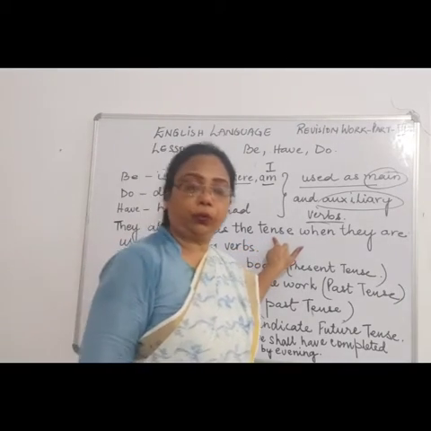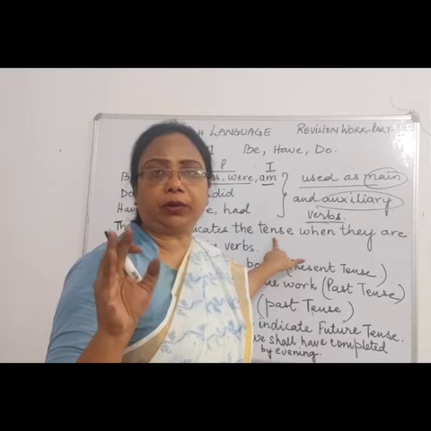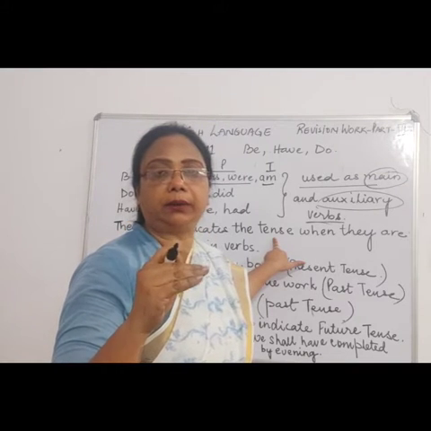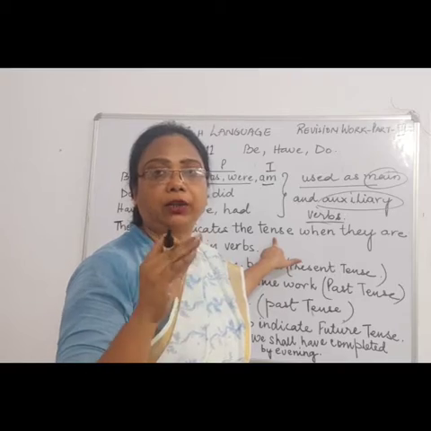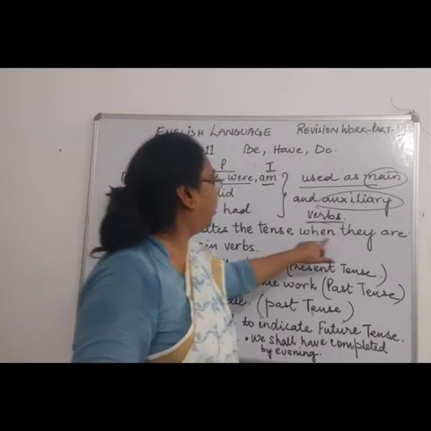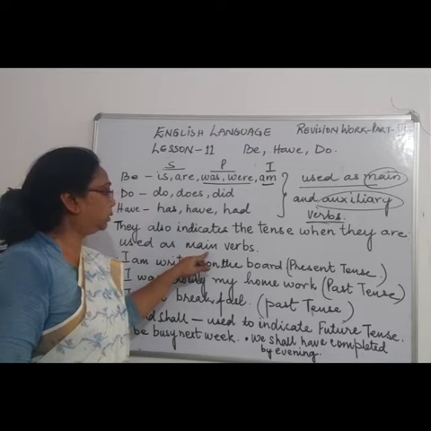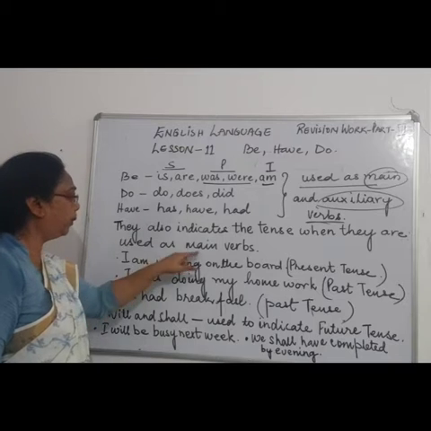We have a general idea of what a tense is. It has three forms, that is present tense, past tense and future tense. It expresses the time of the action, and when they are used as a main verb, we use them with the tenses.